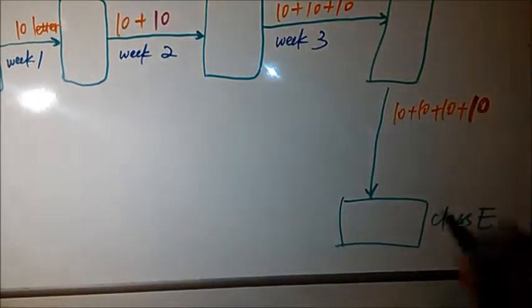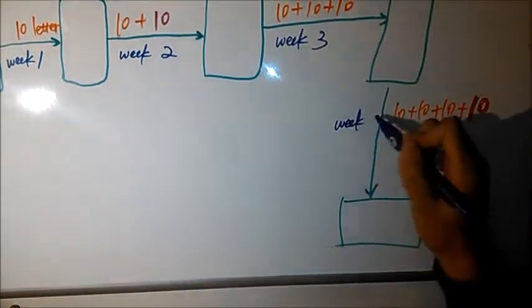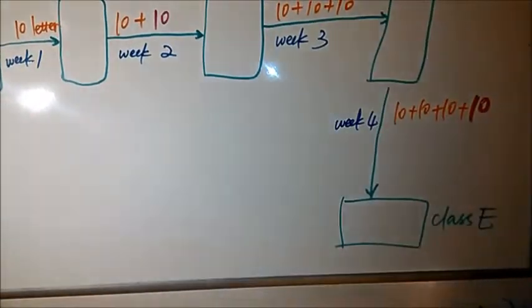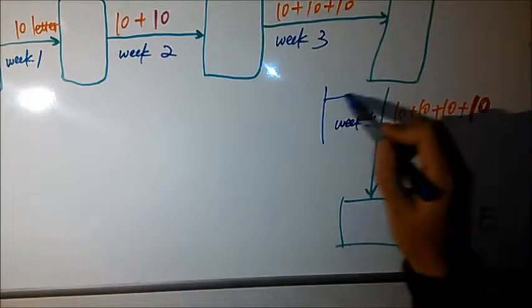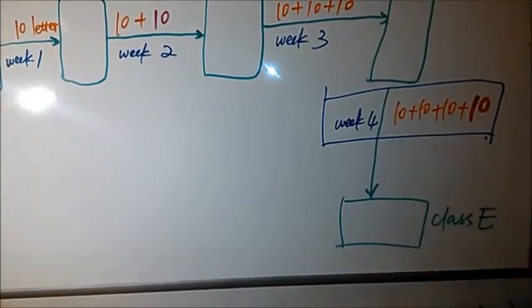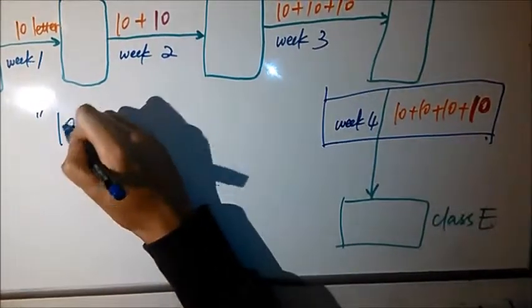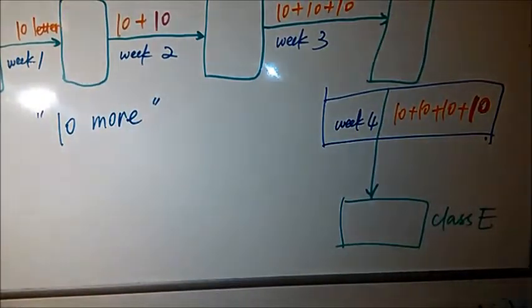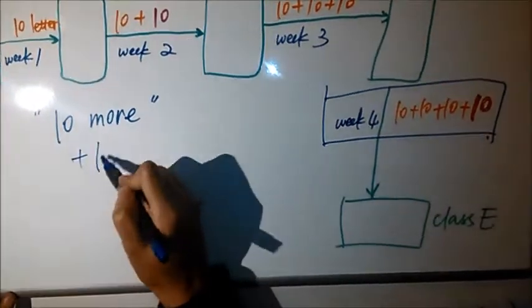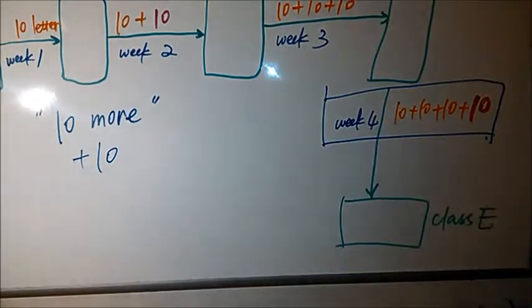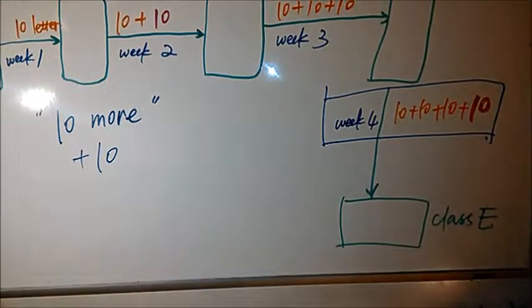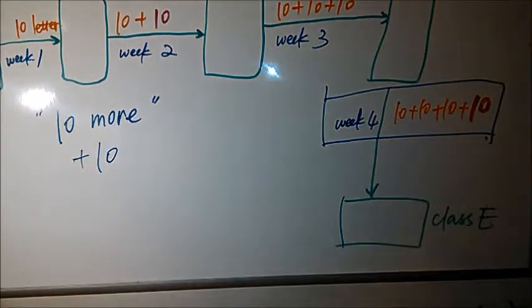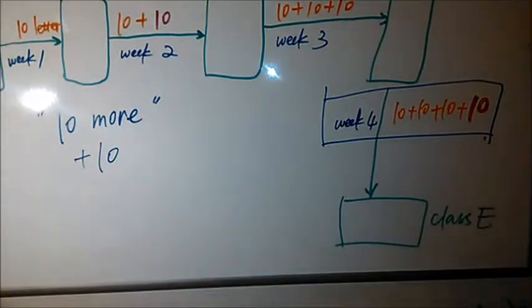In this scenario, we will have 10 plus 10 plus 10 plus 10 because class D is sending out 10 more letters than class C, which in turn is sending 10 more letters than class B, which in turn is sending 10 more letters than class A. It's always 10 more letters. So in the 4th week, we have 10 more letters than another group. And 10 more letters means plus 10, okay?